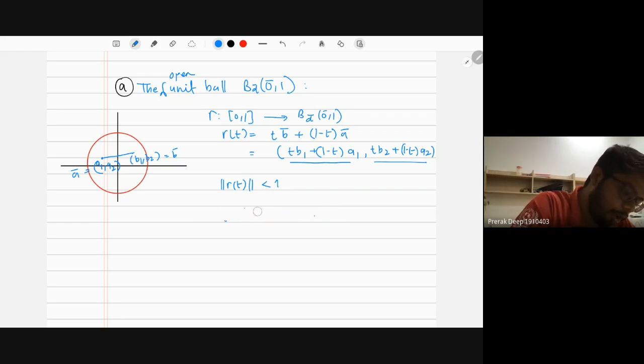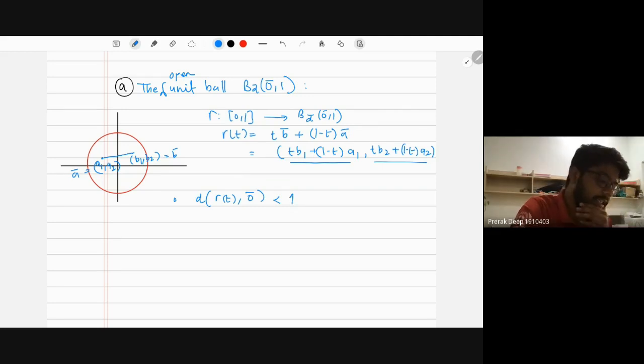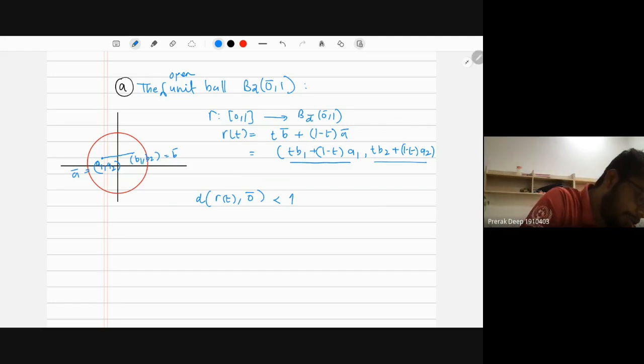Because we don't have a norm in this case, we need to just satisfy the metric condition. So what is the metric condition? That the distance between r(t) and 0 must be smaller than 1. We need to satisfy this condition, not the norm condition. But either way, it turns out to be the same. So this is the condition that you need to check for.